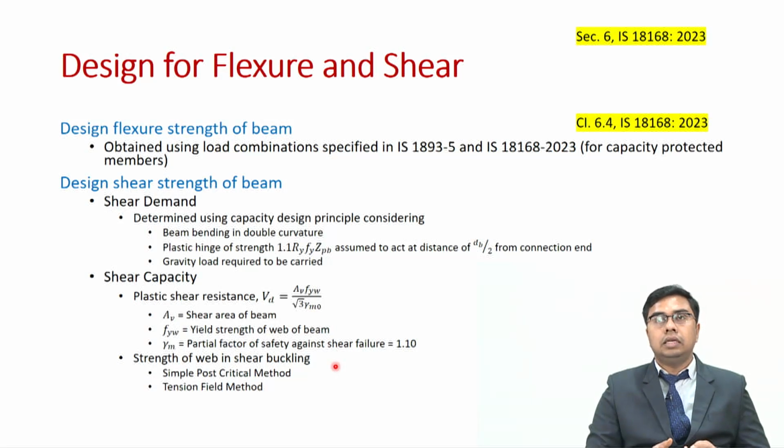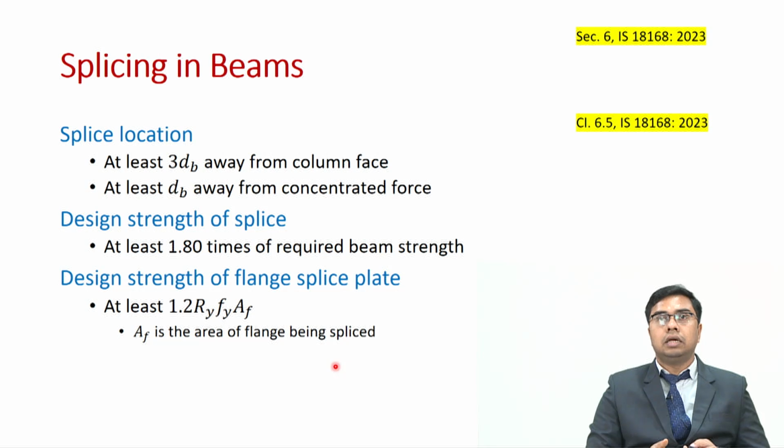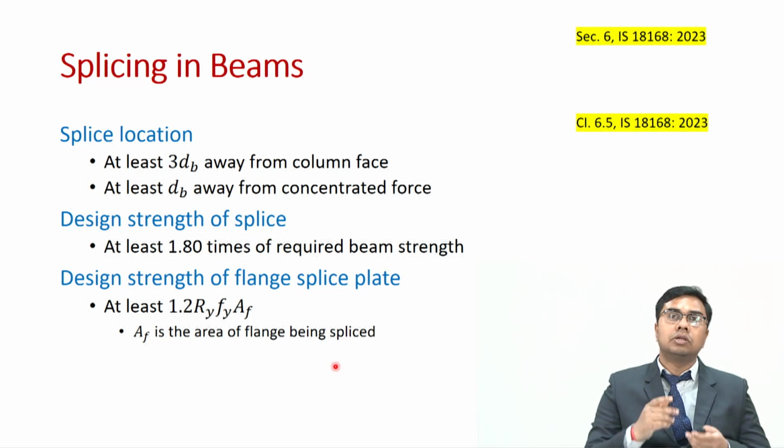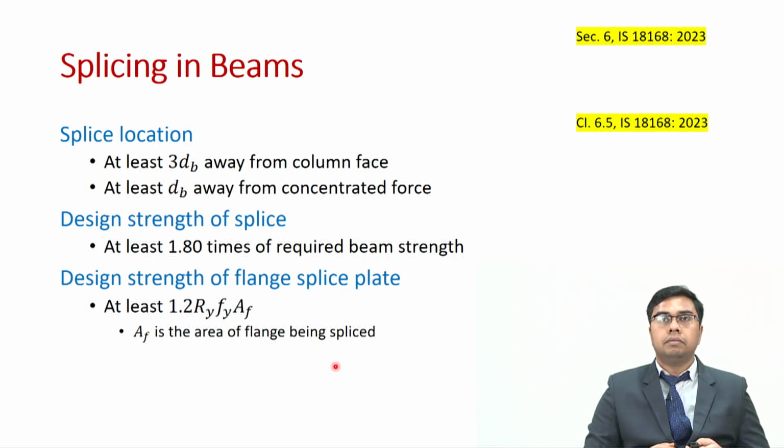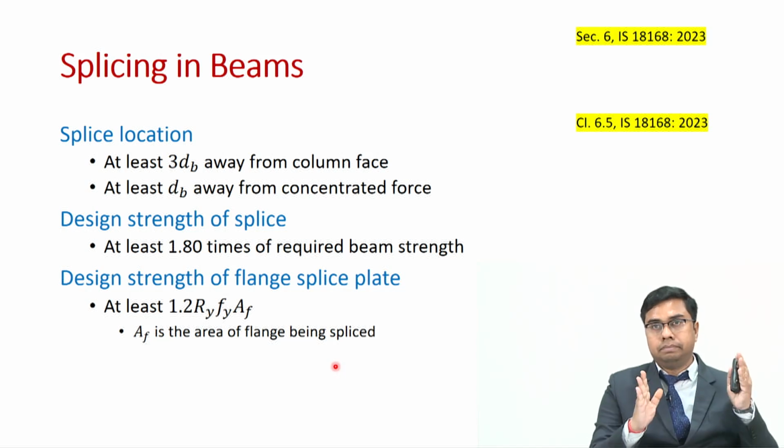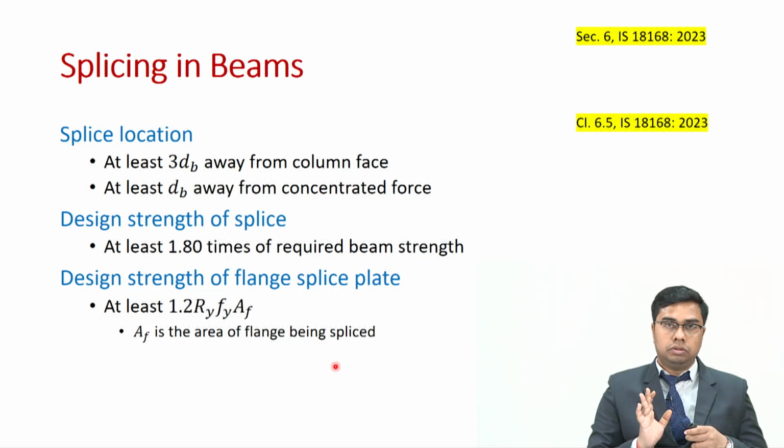Now, after designing the beam for flexure and shear, we may need to provide splicing in beams, because your structural section may not be that long, or you may have to change the dimension of the section. Then in that case we will provide the splicing. The splice location should be at least 3 times the depth of the beam away from the column face, or at least the depth of the beam, dB, away from the concentrated force.